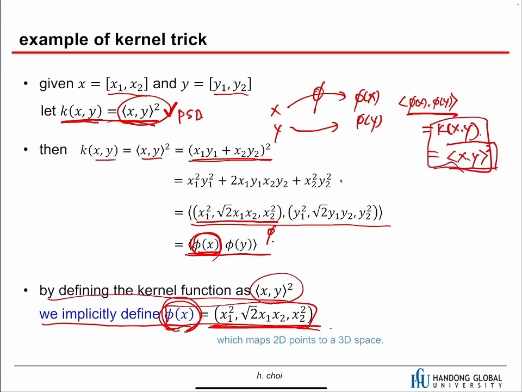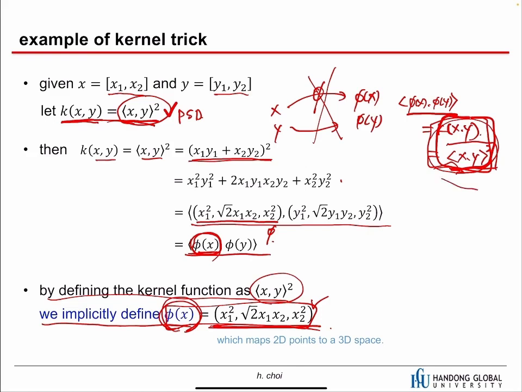But in practice, we actually define the kernel function first, and we don't think of these nonlinear functions. So this nonlinear function is used implicitly, and we don't actually derive the exact nonlinear function. In this slide, I'm just showing you that if we have these positive definite kernel functions, then there is a nonlinear function. But in general, it's not necessary to see these nonlinear functions.